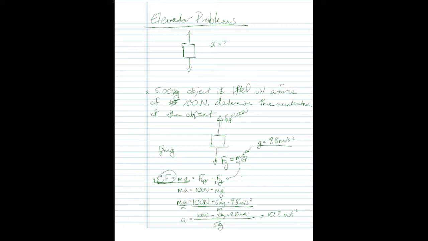This was just an object that was being lifted by an applied force. The big difference between that and an elevator is that inside of an elevator we have a surface. So if I were to figure out the forces acting on this person, here's my free body diagram: they have gravity pulling them down, but this surface would be pushing up on them.